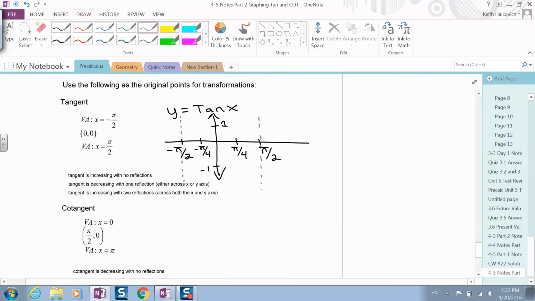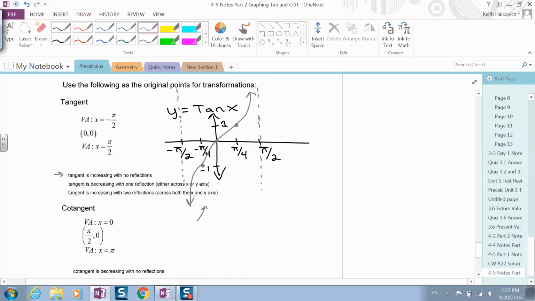There's always asymptotes at the end. The tangent of 0 is 0. The tangent of pi over 4 is 1. The tangent of negative pi over 4 is negative 1. And so notice it goes down this way and then up that way. If we look at the tangent function, it's a snake. Notice it's increasing because if you go from left to right, it's going up.